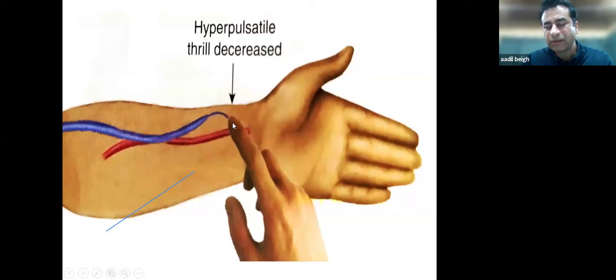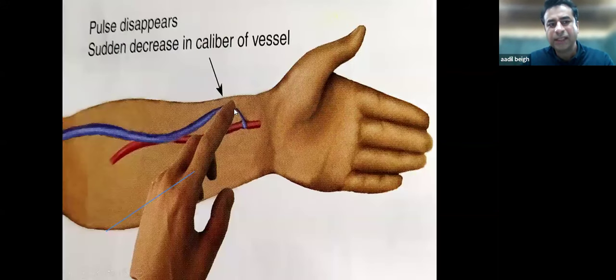If there's a pulse at the anastomosis, and you put the finger beyond that, there will be no pulse. There will be a sudden decrease in the caliber of the vessel, and disappearance of pulse and thrill. Beyond that, there will be a small immature segment.